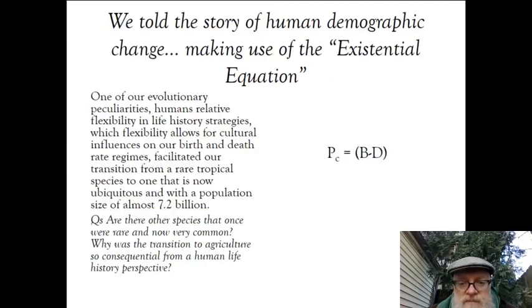The human demographic strategy, or life history strategy, allows for enough flexibility so that in the right circumstances births so vastly exceed deaths that our population size has exceeded 7 billion.